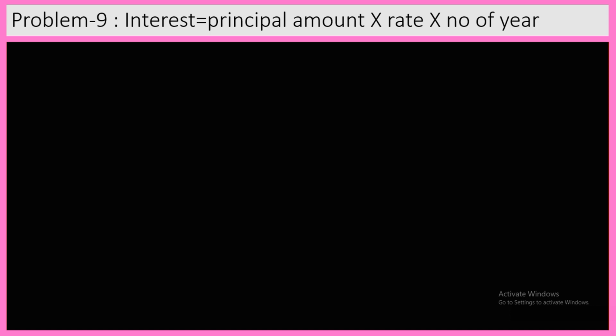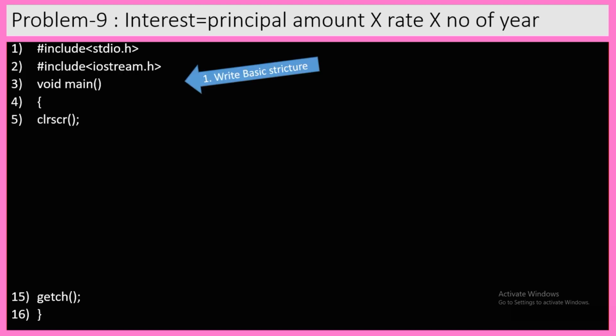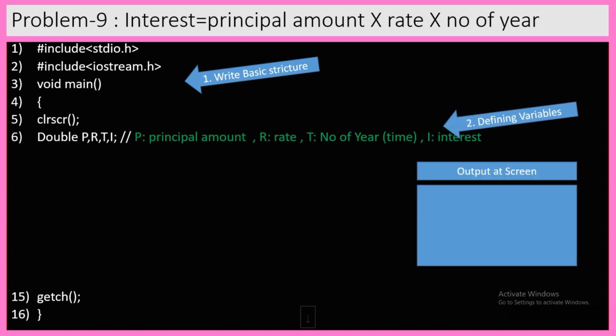Our next problem, problem 9, is to calculate the interest when the principal amount, rate and number of years are given. In the first step, write down the basic structure. In the second step, define variables. We have principal amount P, rate R, number of years T, and I for interest.